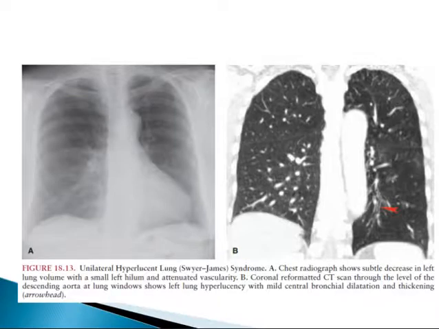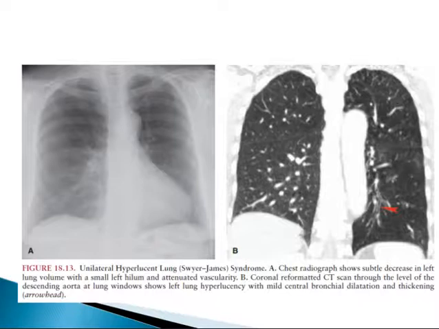This chest X-ray shows a subtle decrease in left lung volume with a small left hilum and attenuated vascularity. But I don't know, for me the findings are not so clear. See, look on the CT scan. Compare the right and the left. You can notice that the left side is darker than the right side. On CT the findings are clear.